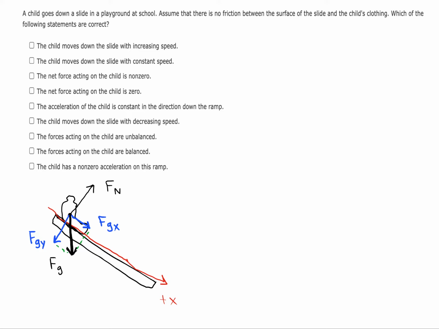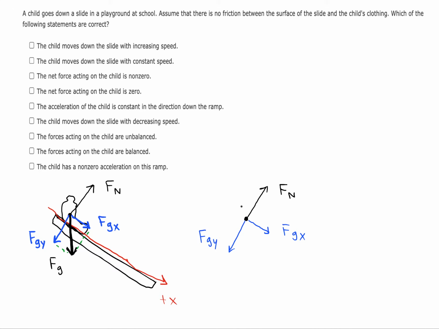Now we can see what kind of forces we have and what kind of balance we have. We've still got that normal force, but now we replace the Fg with Fgy and Fgx. This shows that the forces are truly not balanced in this situation.